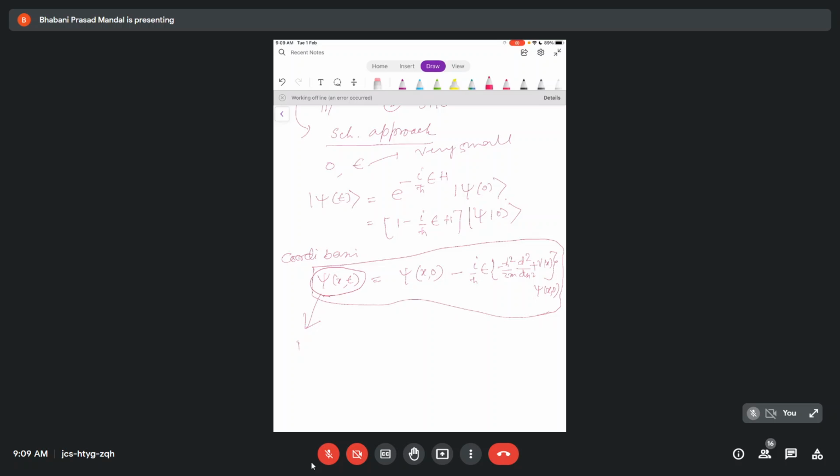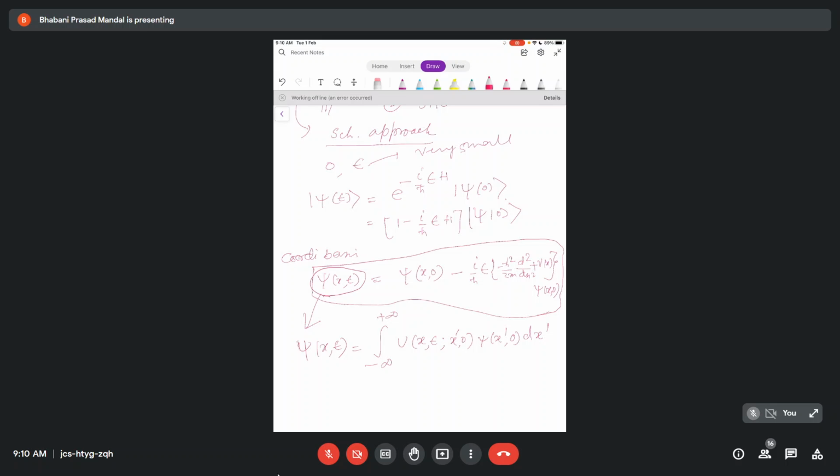Now, if you go to the path integral approach, I can write the same quantity, psi of x at epsilon, as the matrix element between x at epsilon and x prime at 0, with psi of x prime at 0, integrated over x prime with dx prime from minus infinity to plus infinity.